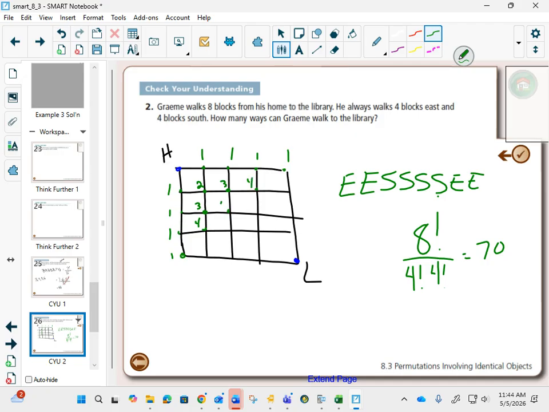This one is 6. So now, let's see if we can figure out these blue dots here. Look for patterns. What do you think the bottom one's going to be? 5. Did you use the pattern 1, 2, 3, 4, 5? Yeah. Nice. 1, 2, 3, 4, 5.